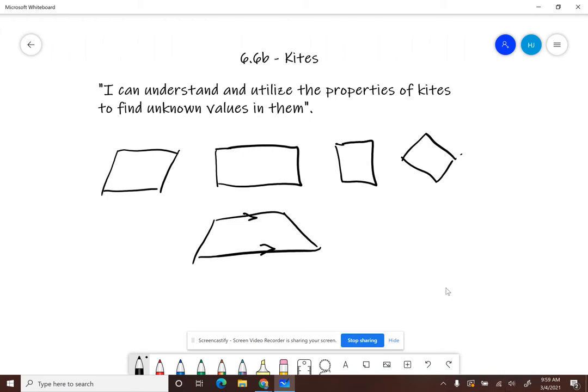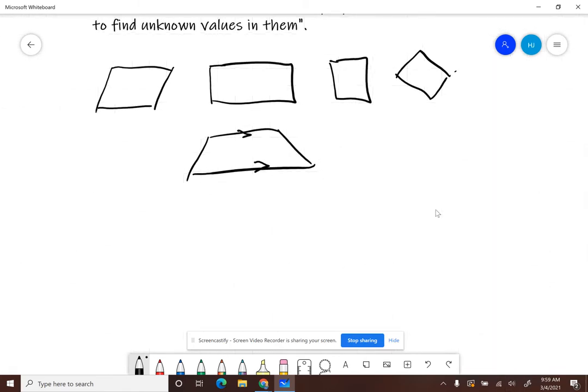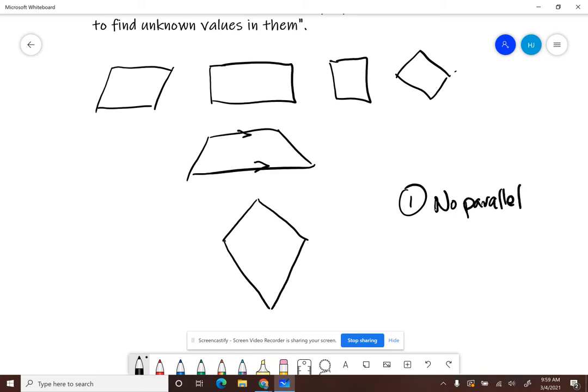When we're talking about kites, here's the first distinguishing factor: a kite does not have any parallel sides. So one of the first things we need to write down as far as a rule for kites is no parallel sides. Okay. So none of these sides are parallel. And it kind of makes sense because if this line was extended, obviously, then it's going to cross right here.